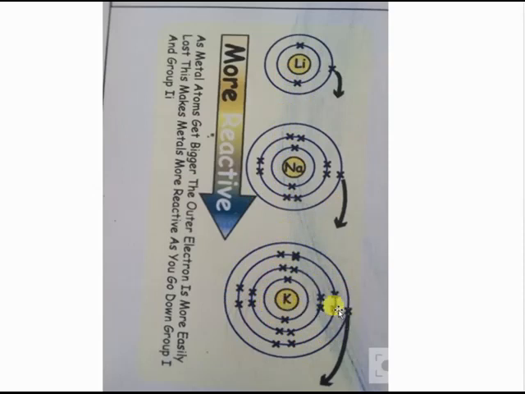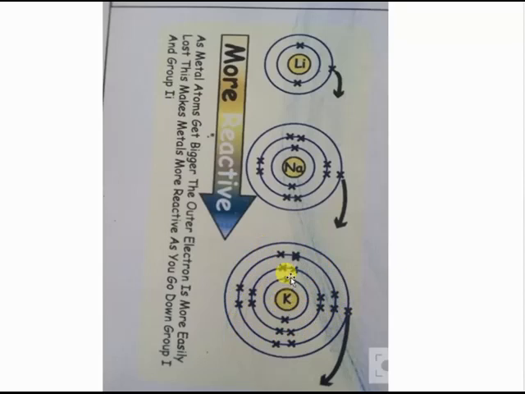Now, what does that do? As the number of energy levels increases, the force of attraction from the nucleus to the outermost energy level decreases because of the shielding effect. Shielding effect is the blocking. Here there are so many energy levels which are blocking the outermost energy level from feeling the effect of the nucleus.